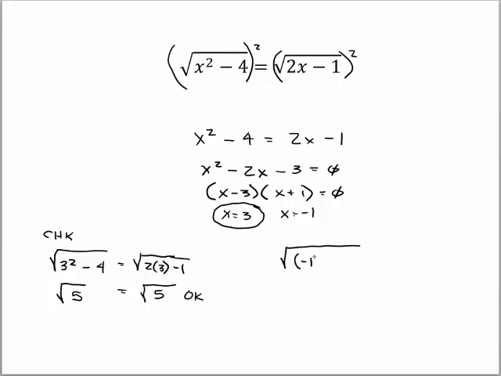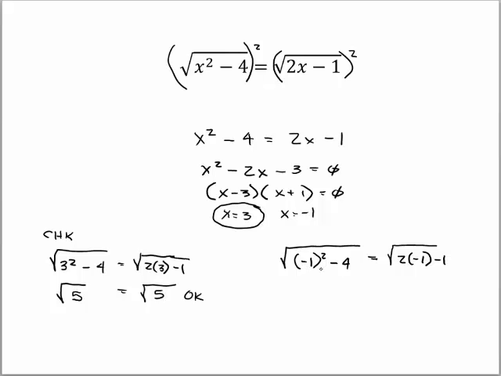Negative 1 squared minus 4 equals the square root of 2 times negative 1 minus 1.